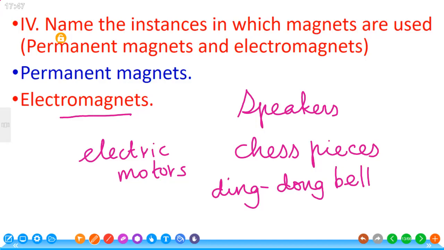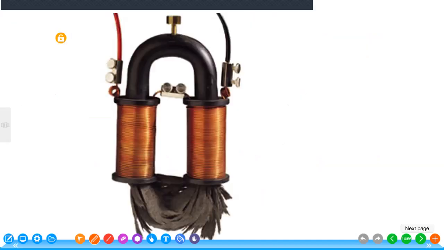There's a bell cup and a hammer. Then the hammer strikes the bell cup, making a sound. Therefore, even in traditional doorbells, we find electromagnets.